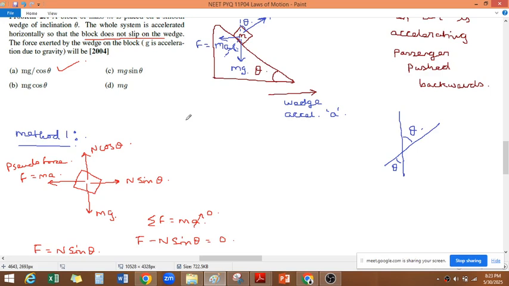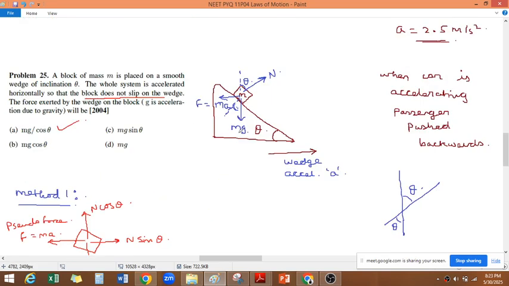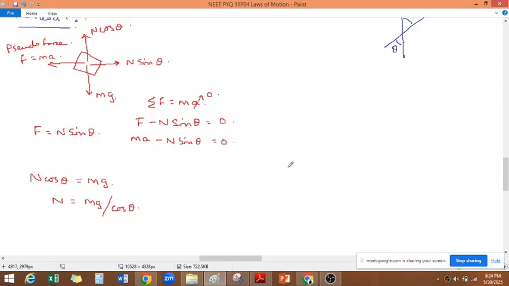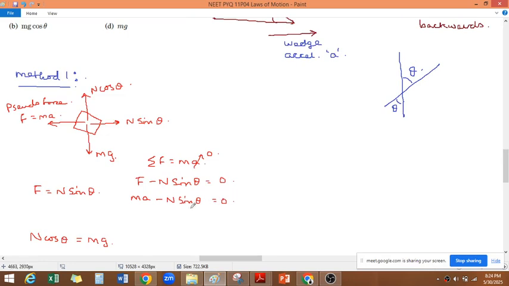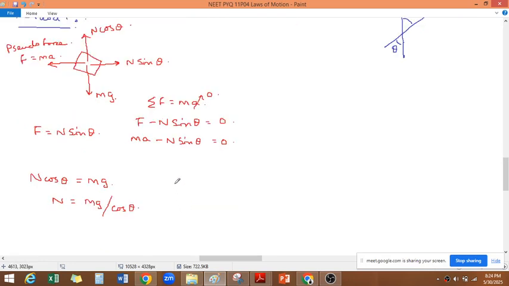Sometimes they may ask you what is the minimum acceleration with which the wedge should move so that the block does not come down, which means you have to use this equation to find. In that case I would have said ma is equal to n sin theta. So a is equal to n sin theta by m.